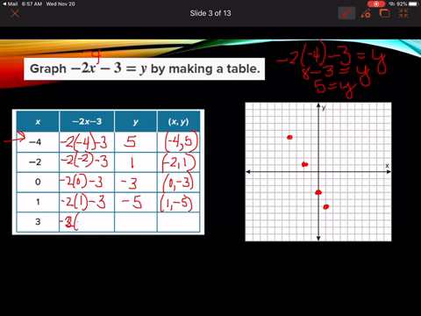Negative 2 times negative 3 minus 3. That's positive 6, I'm sorry. So that's 6. 6 minus 3 is 3. So we have 3, negative 9. That's going to be way down there. Then I'm just going to draw my line through it. And I've graphed the equation.